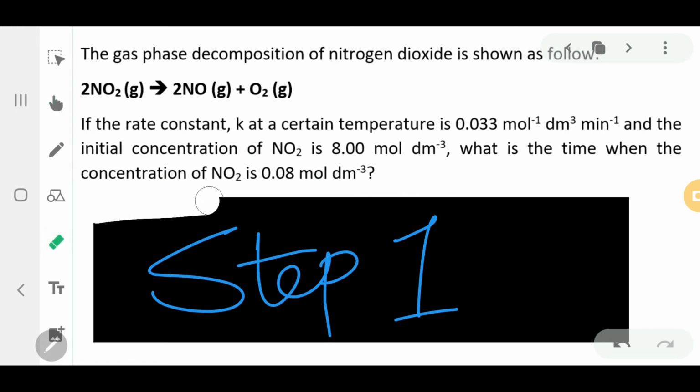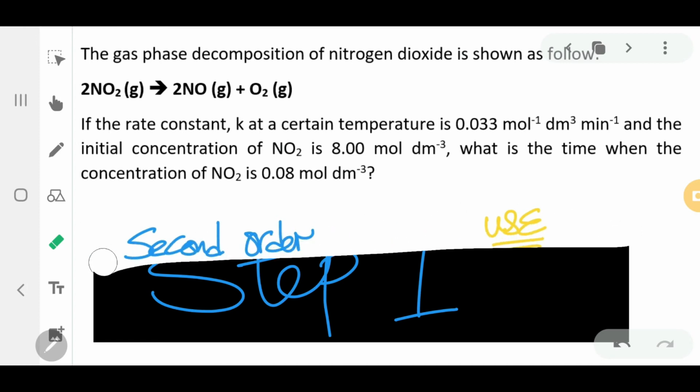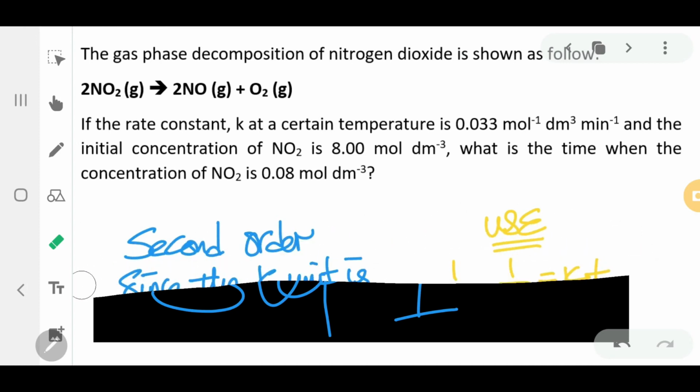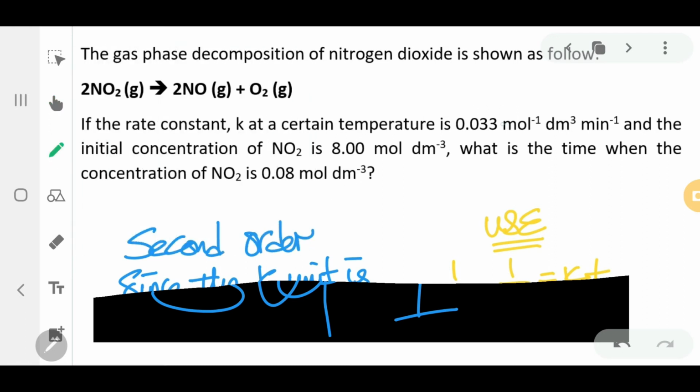Step 1, again, we have to identify the order of reaction. The order of reaction is second order. The question doesn't say, but we can identify that from the units given.